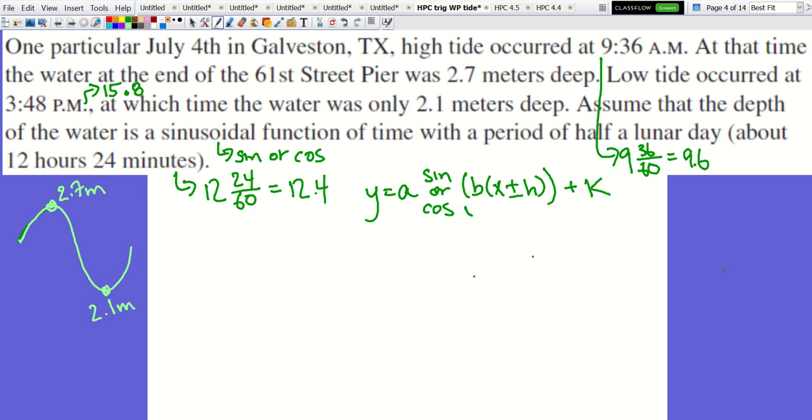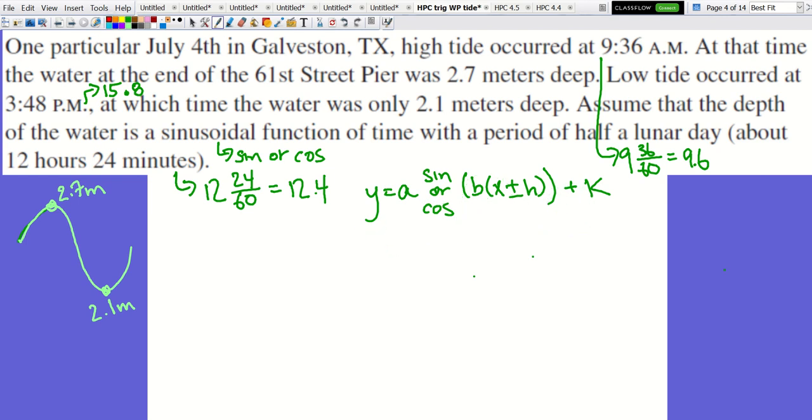When you look at this portion here, that should ring a bell. Those are horizontal transformations. This piece over here is a horizontal translation, left or right. Think opposite hats. This is horizontal stretch or compression.